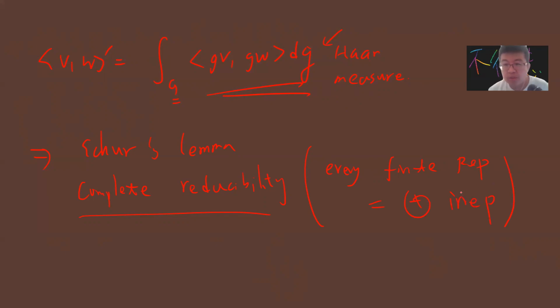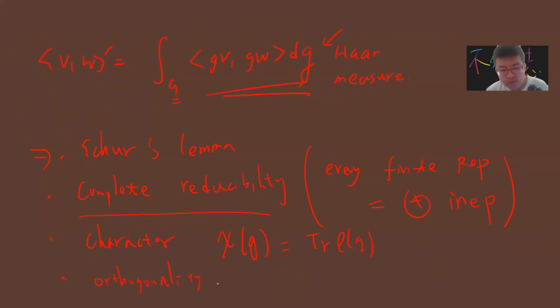This is the same as the finite group case: just do the inner products, construct an invariant subspace, and take a direct sum. Also you can define a character. The character is still the same: chi of any group element g is defined to be the trace of rho(g). And also the orthogonality relation.